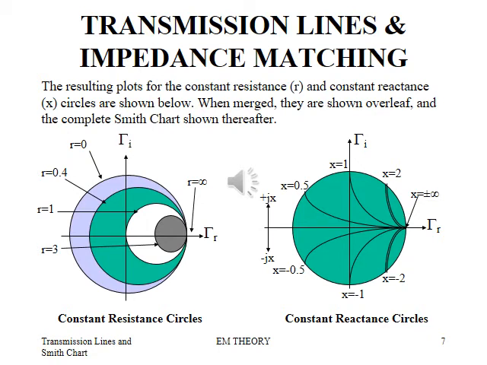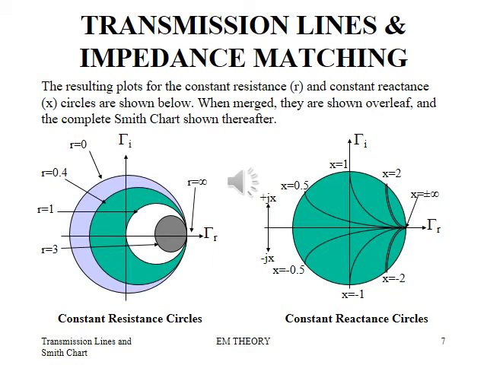Okay, so when your X is equal to 0, your radius is infinite. And the center gamma R is at 1, and gamma I is at infinity.